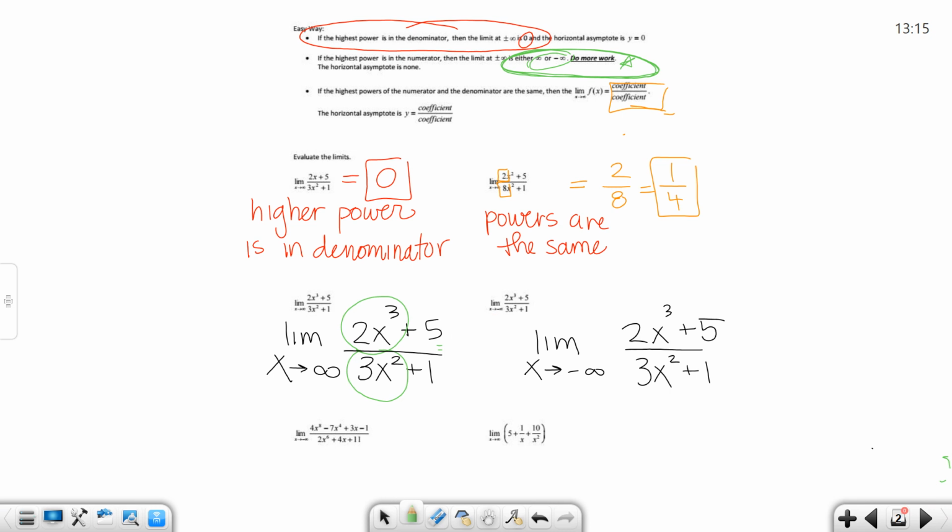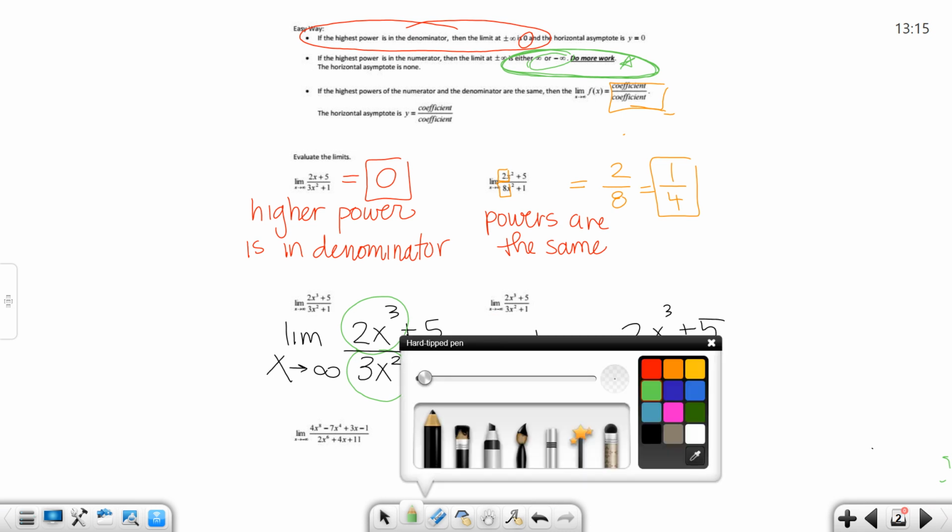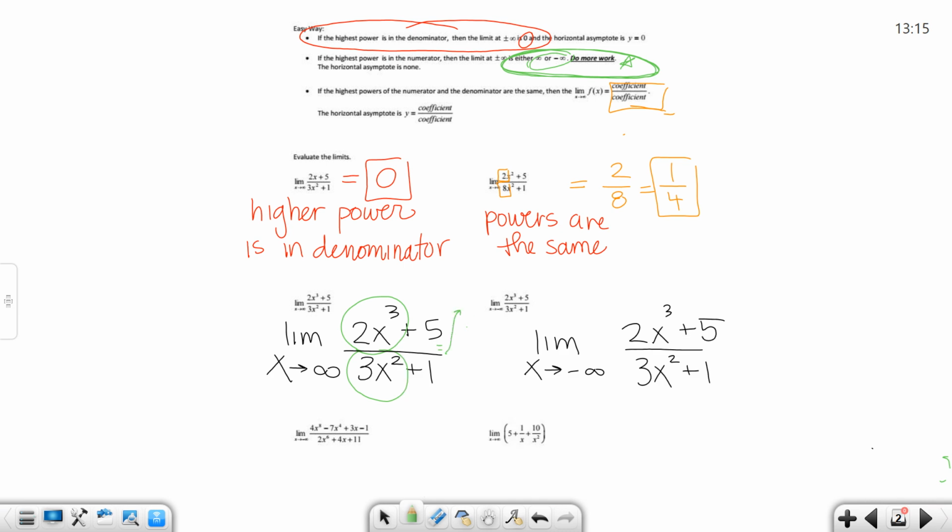Let me rewrite that. Okay, so I know my answer is either positive infinity or negative infinity. I have to pick. So coming to the side, I'm looking for the limit as x approaches infinity, and I'm going to be simplifying 2x cubed over 3x squared.